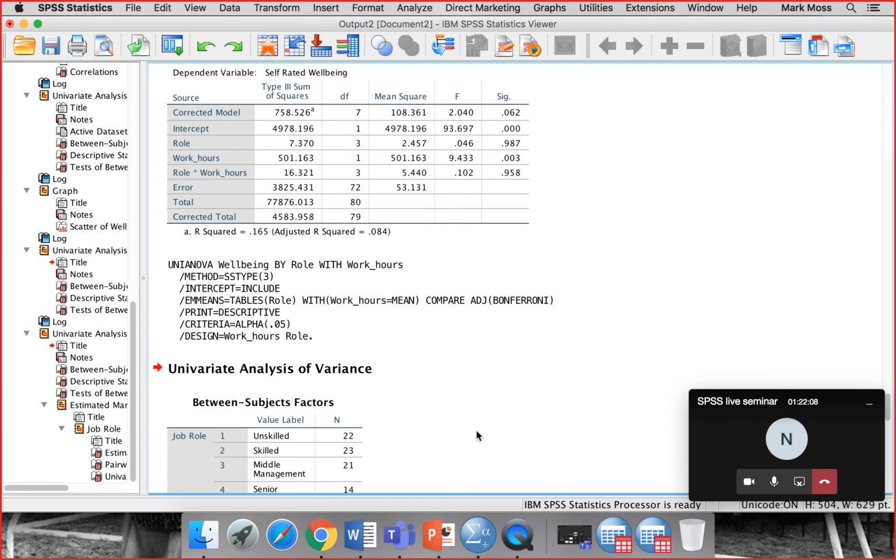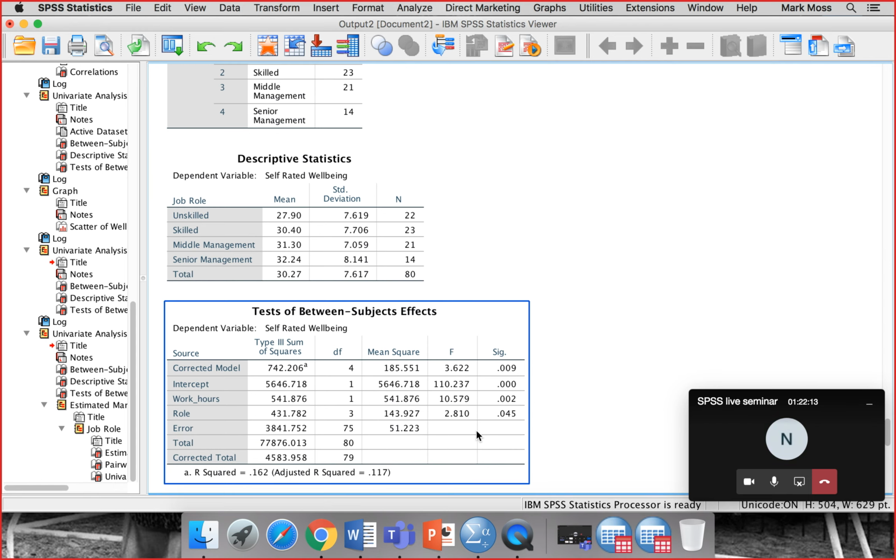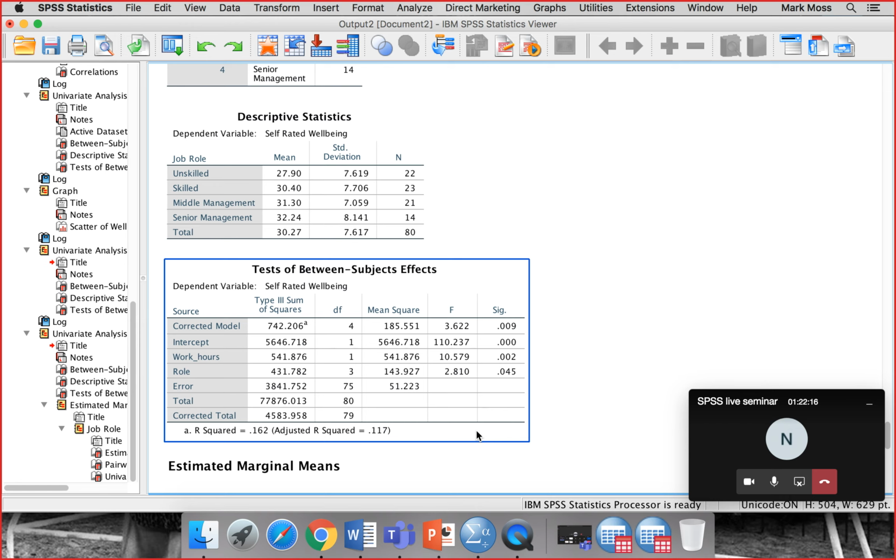When we come down here, all of these things have now changed because we have introduced this covariate, which adds to the variance in the study. Importantly, the significance here of role has now gone down from 0.332, was it, or whatever it was above.